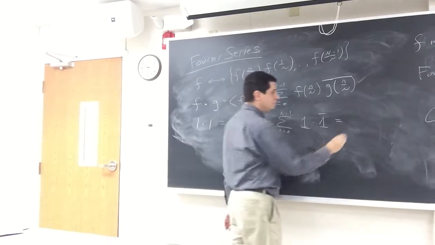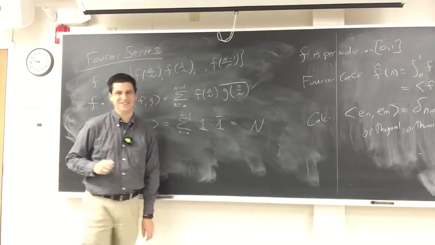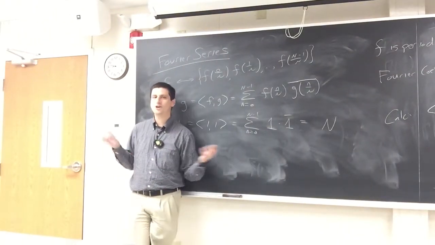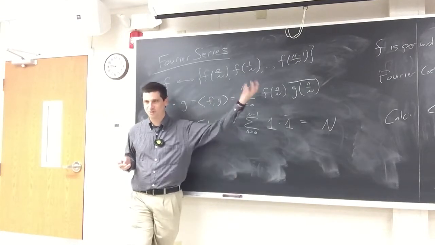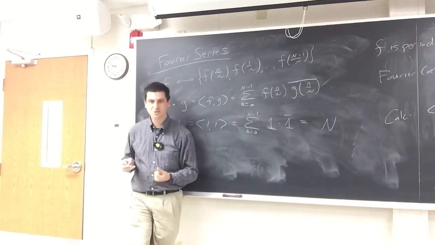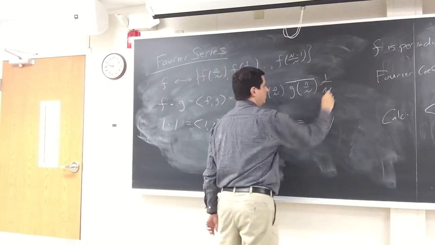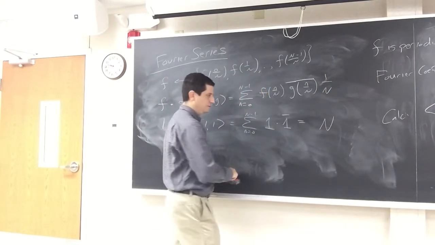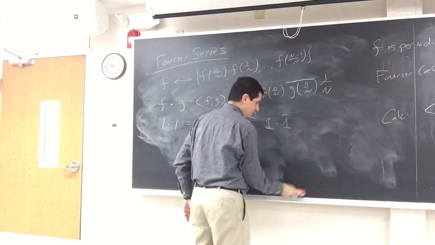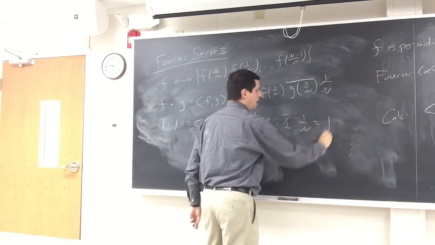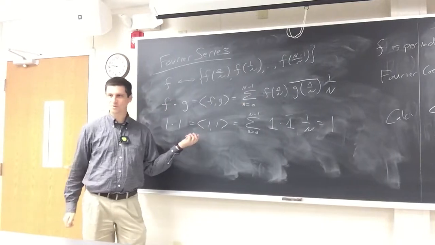It'll be n. So this actually suggests how we should fix things. What should the dot product of the function 1 on the interval 0, 1 with itself be? It should be 1. So let's put in a factor of 1 over n. And if I put in a factor of 1 over n, now the dot product of 1 with itself equals 1.